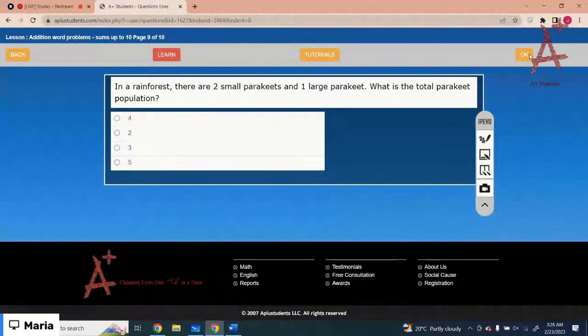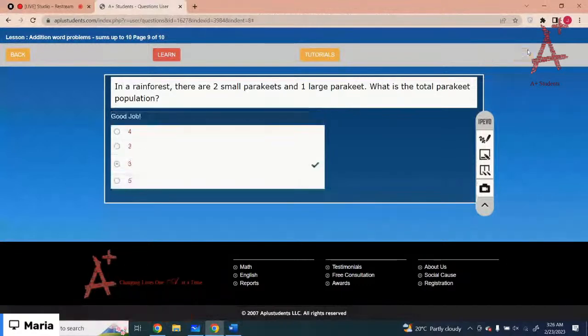So 2 plus 1 makes 3. Very good. That means the total population is 3 parakeets. So select the correct option and click on the OK button.